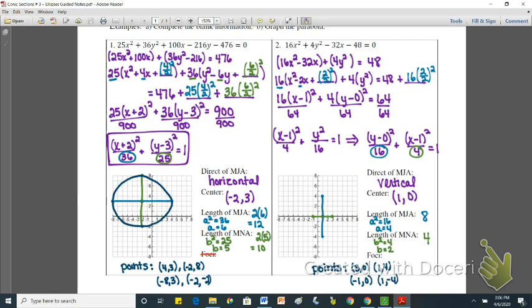I'll then take my pencil and, doing the best rounded shape I can, I will make my ellipse.